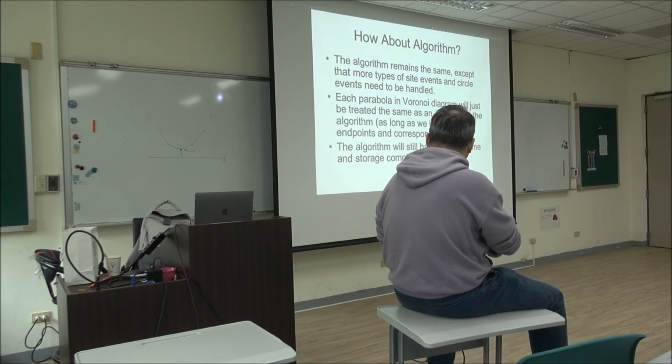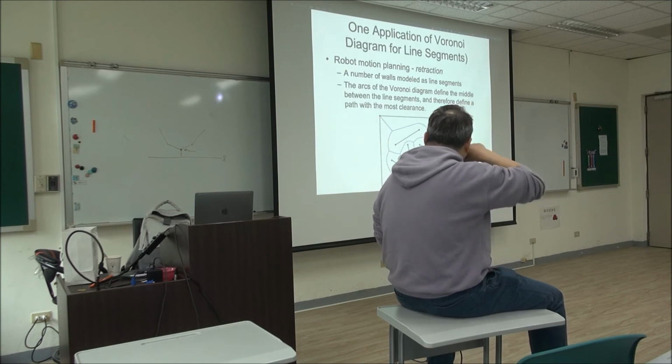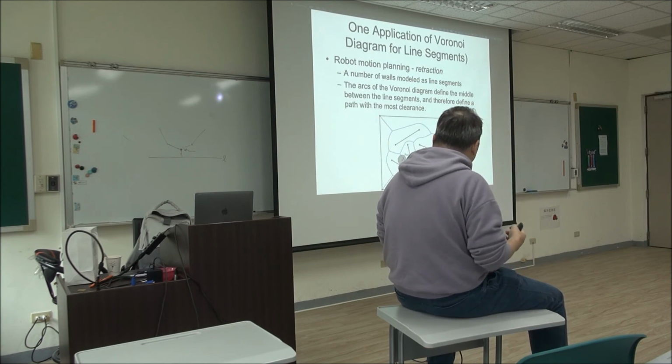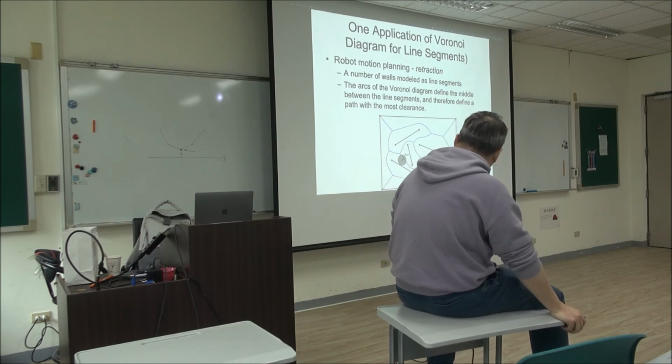This shouldn't be a surprise to you guys, right? Okay, once you understand that, now we are in a position to talk about, say we are able to create a Voronoi diagram for an indoor environment, and we treat those walls, those obstacles, as the sites to create those Voronoi diagrams.